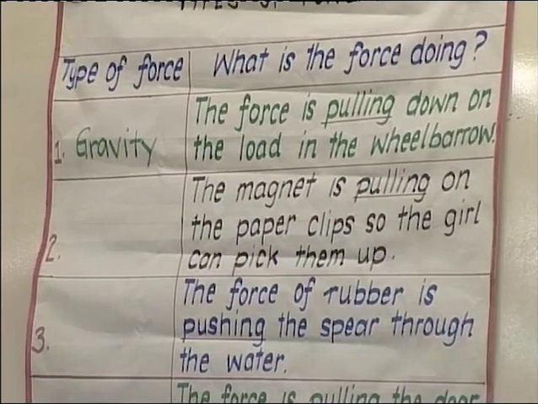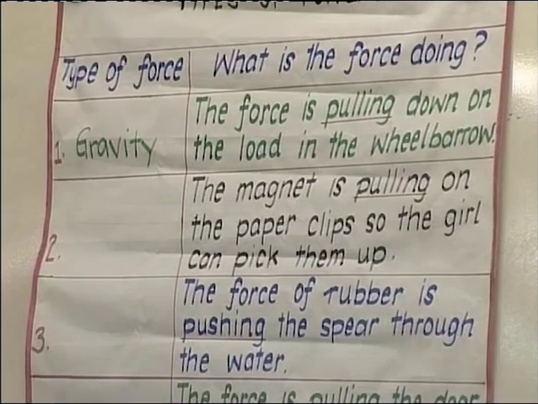Let's look at number 2, the magnet. Magnet is pulling on the clips. So what is the force there? We are using? Very good. So number 2 is magnetic force. Okay, move on. Number 3. Are we all right?